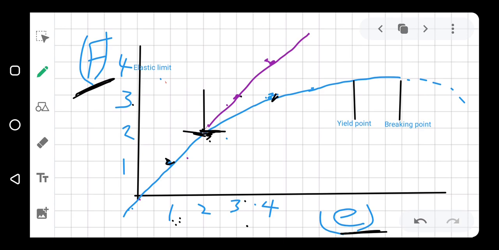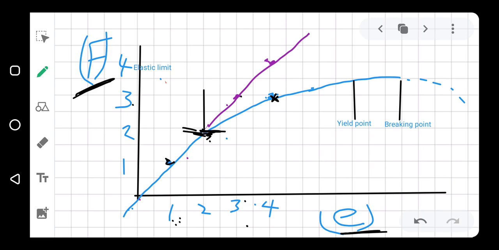So see the points it is meeting here now. At this point, we find out that something has started happening. That means that the elasticity rule is no longer applied. The material has lost its elasticity.